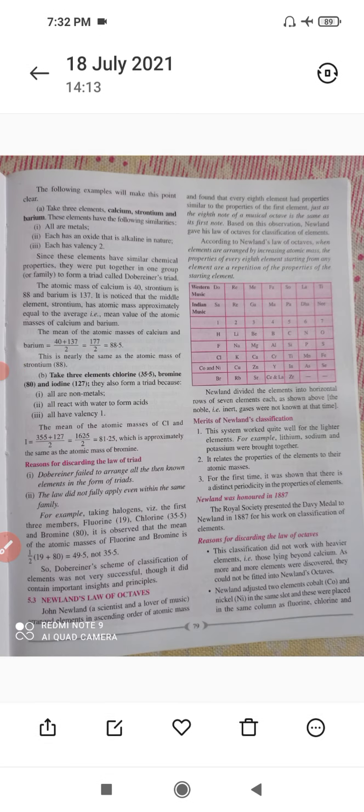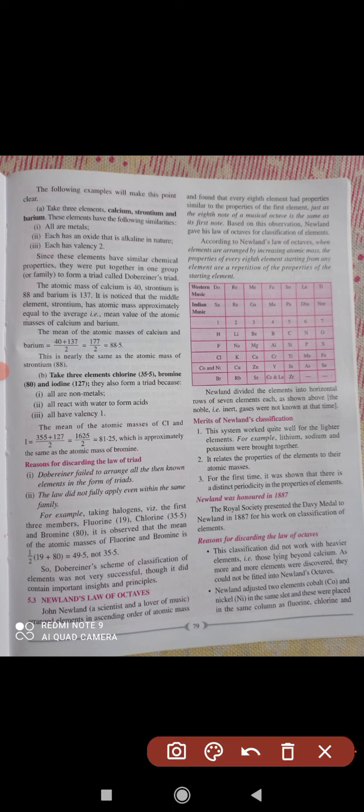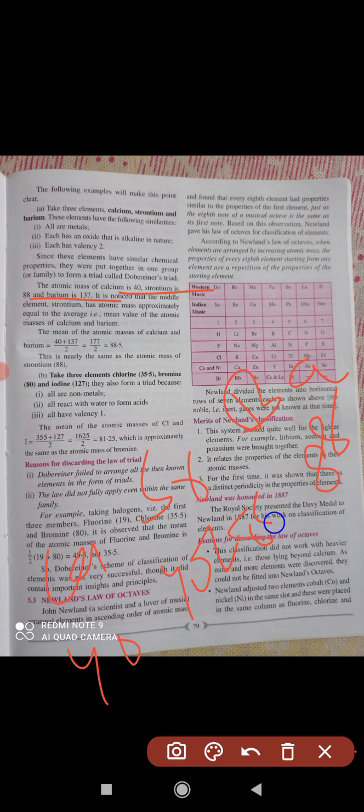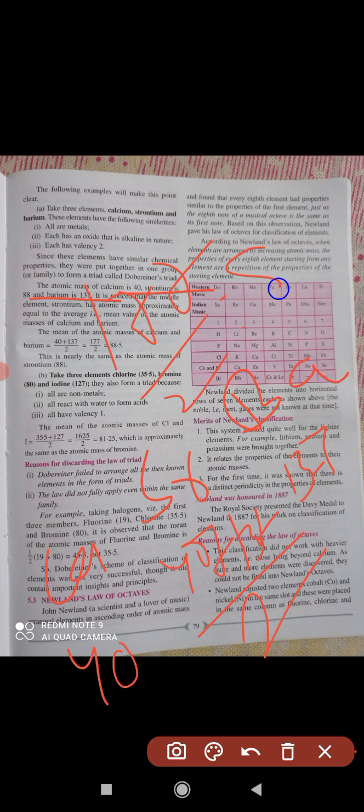So here you can see a triad: calcium, strontium and barium. The atomic mass of calcium is 40 and barium is 137. So the arithmetic mean, 40 plus 137 divided by 2, means 177 divided by 2, which is 88.5.